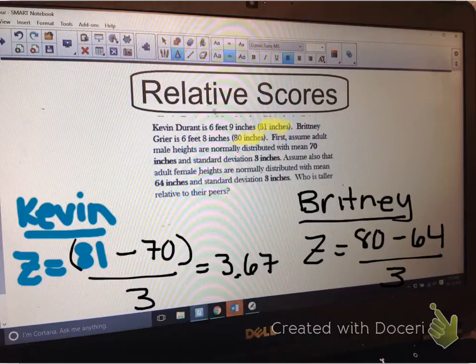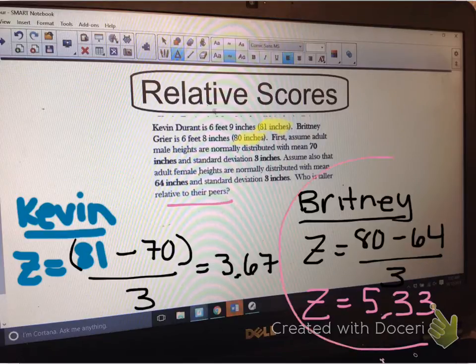When I figure that out, 80 minus 64 divided by 3, Britney's Z-score is equal to 5.33. She is very extreme compared to her population. So it says, who is taller relative to her peers? That's going to be Britney. Why? Because her Z-score is more extreme.